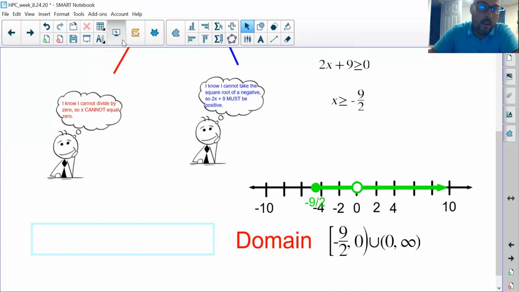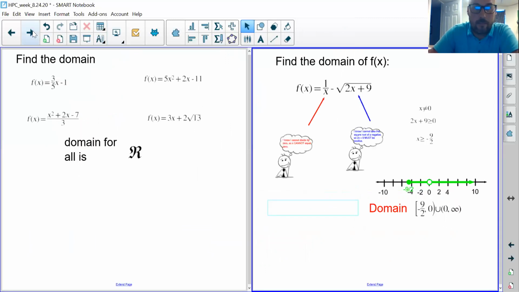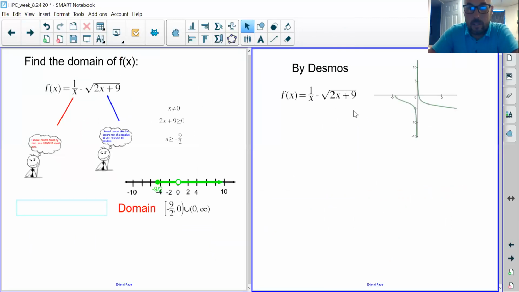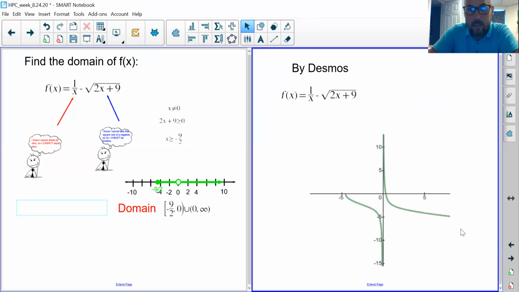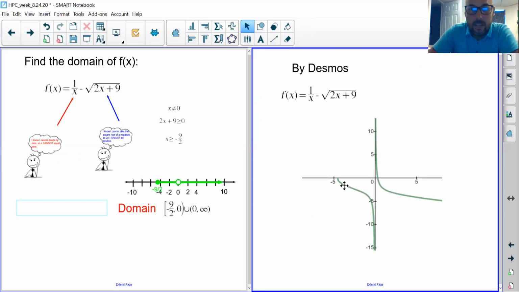Now the graphs, we love the graphs. They should be our best friend because the graphs make almost everything easier. And this problem would be a piece of cake if we had the graph. Here is the graph. And as you can see, it doesn't even exist to the left of negative 4.5. That's because any number that's less than negative 4.5 would have you taking the square root of a negative.